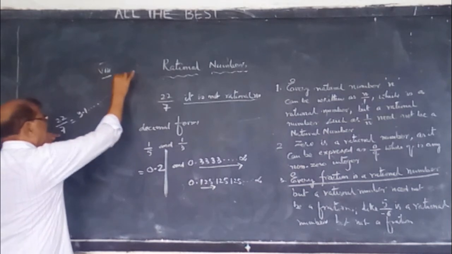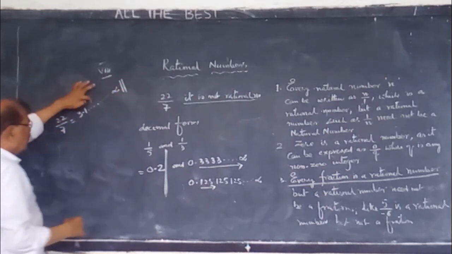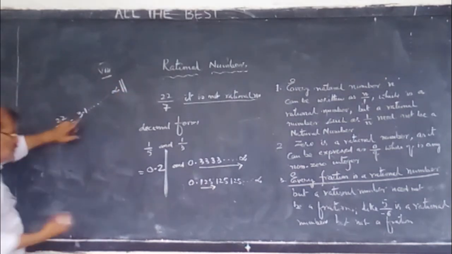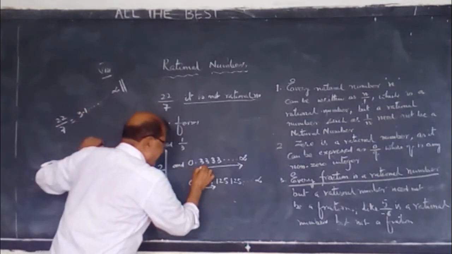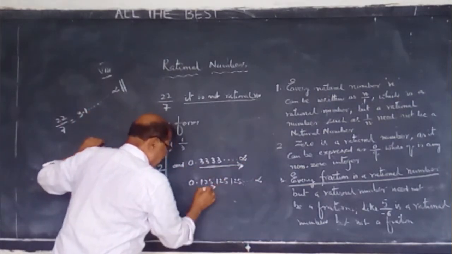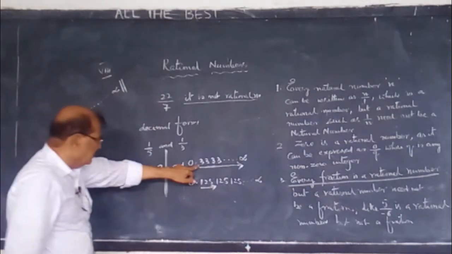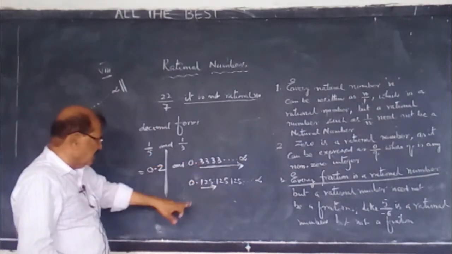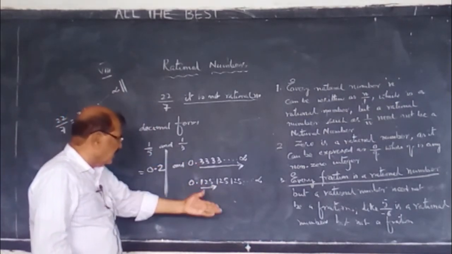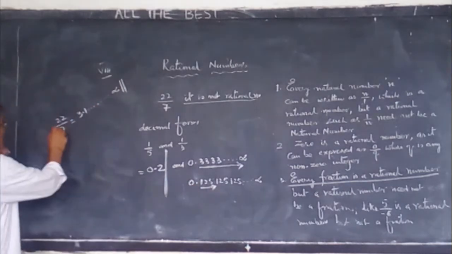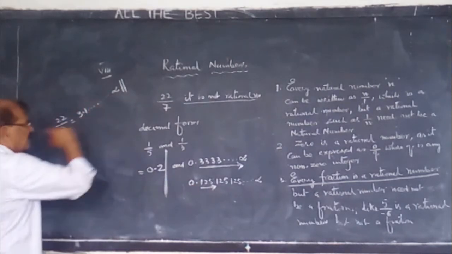There is no end at all. There is no termination here. But you don't find any pattern recurring here, the way 3 is recurring or 125 is recurring. So in 22 by 7, you don't find this pattern.